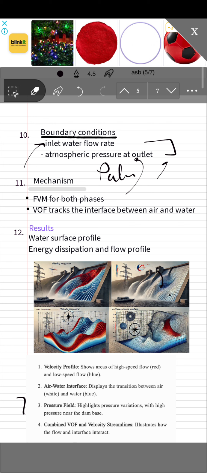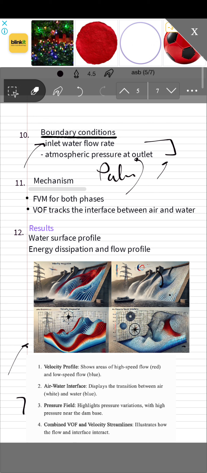And next is the pressure. There are regions of high pressure and regions of low pressure. So the pressure distribution can also be obtained by simulation based upon the initial conditions discussed. And there is also a combined velocity streamline and volume of fluid view.